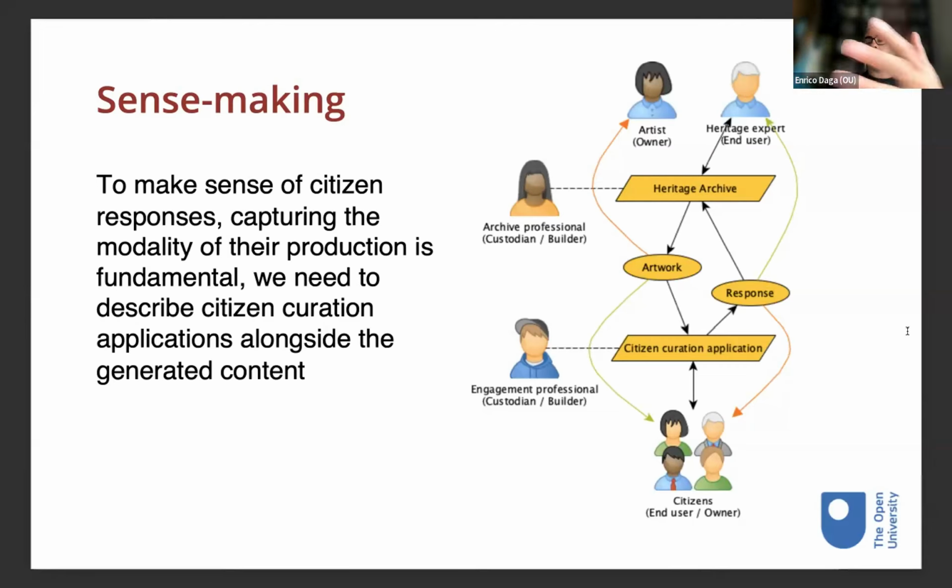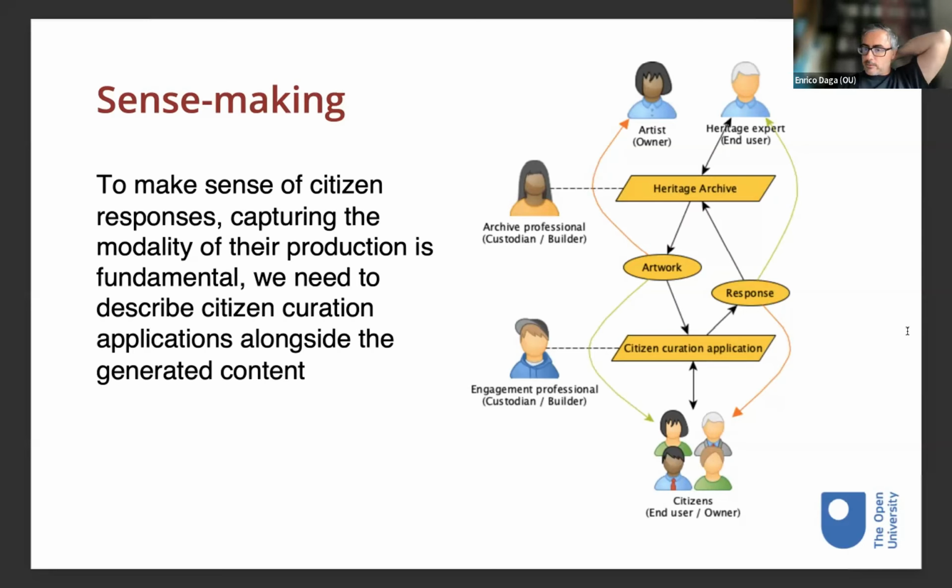And to do that, we need to have an idea of how these applications are built, what is built between the cultural heritage archives and the user experience. What you see on the right is a very abstract conceptualization where some of these issues can emerge more clearly, and I will guide you through this right now.